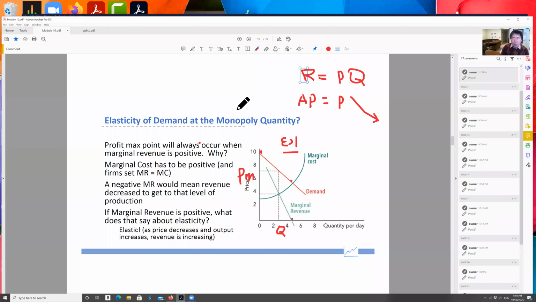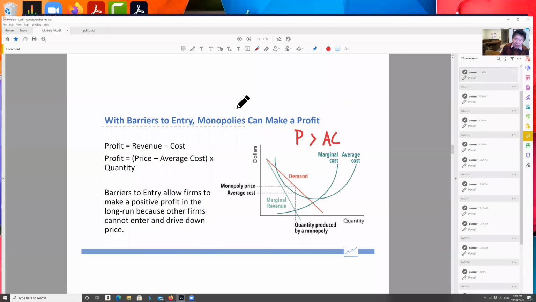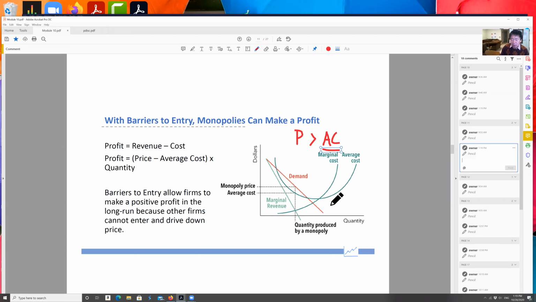Okay, whether the monopolist is making a profit or not solely depends on the relationship between price and average cost. In this example, at the monopoly price here, at this price, average cost is lower than monopoly price.